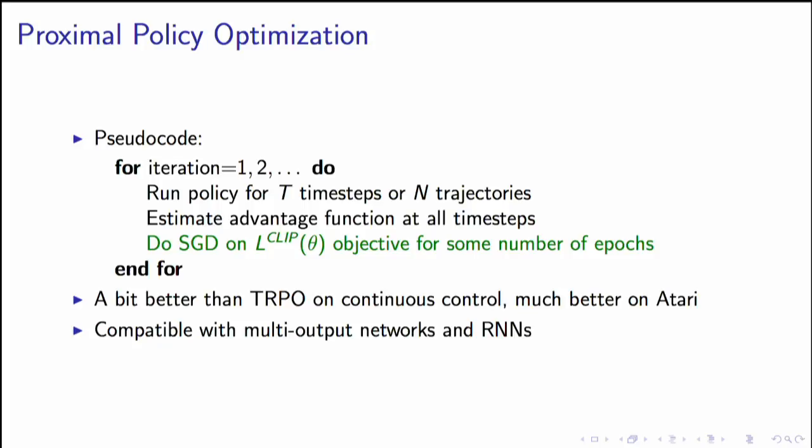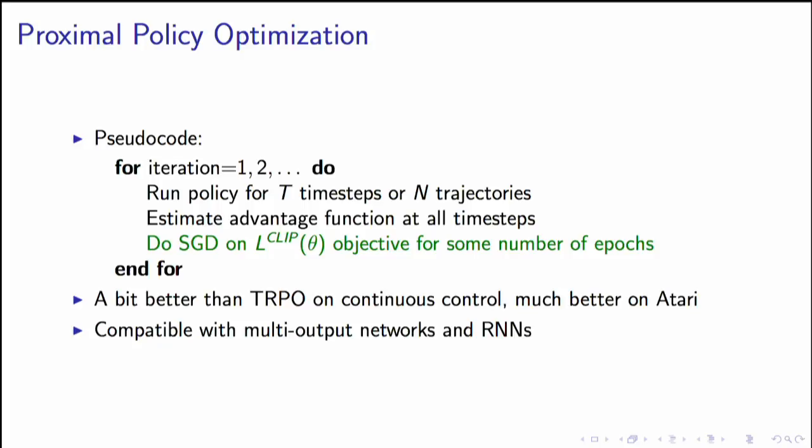And okay, so how are the empirical results? It's a bit better than TRPO on continuous control. It's much better on Atari. With TRPO, we never got that good results on Atari, whereas with PPO we do get good results, which are much better than A2C.